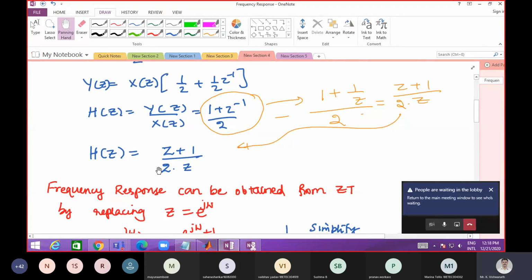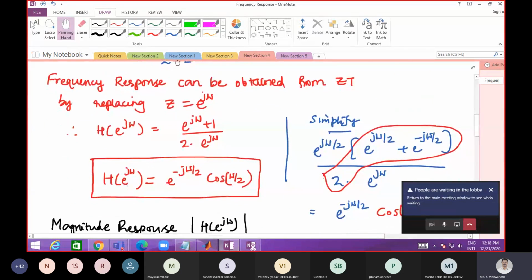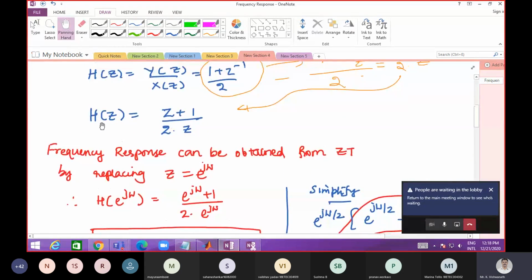Next, the frequency response is nothing but, from H of z, if you replace z equal to e power j omega, we'll get H of e power j omega. This is nothing but the frequency response.